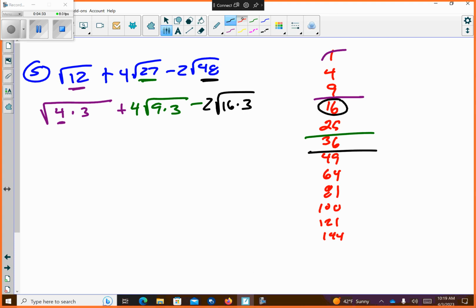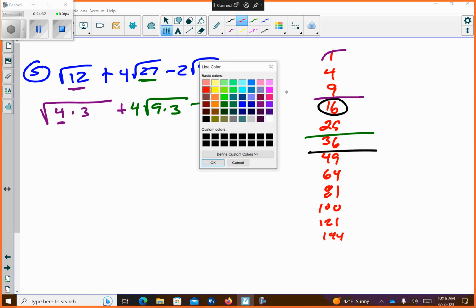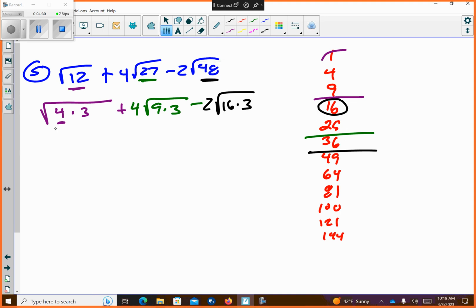All right, so let's go through and clean things up. This first one is going to give me 2 square root 3. Second one, the 4 is already out there. The 9 is a perfect square. Square root of 9 is 3. Minus 2 is still out there. The 16 is a perfect square, so square root of 16 is 4.